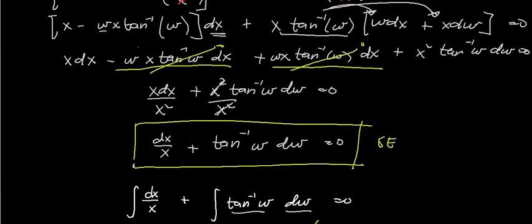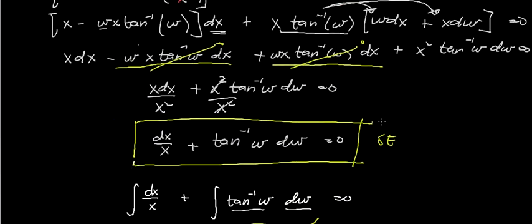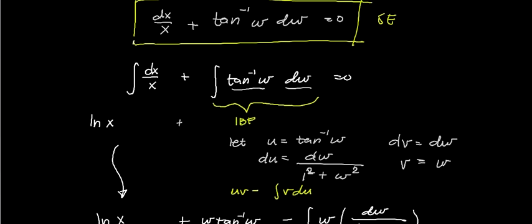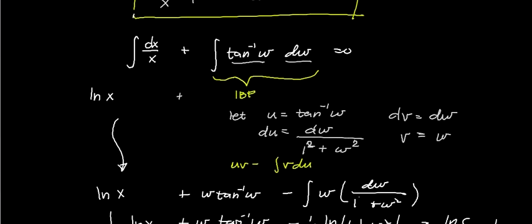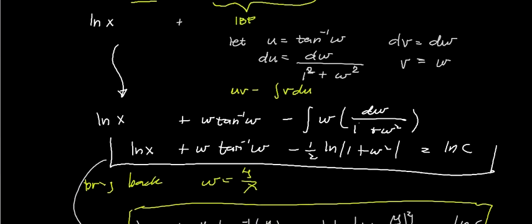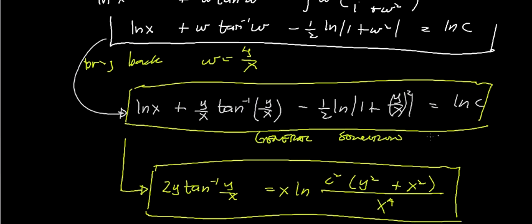Right after that, we come up with a separable equation and perform the steps of separable equations by integrating each term, and we solved it using the rules and techniques of integration, which leads us to the general solution.